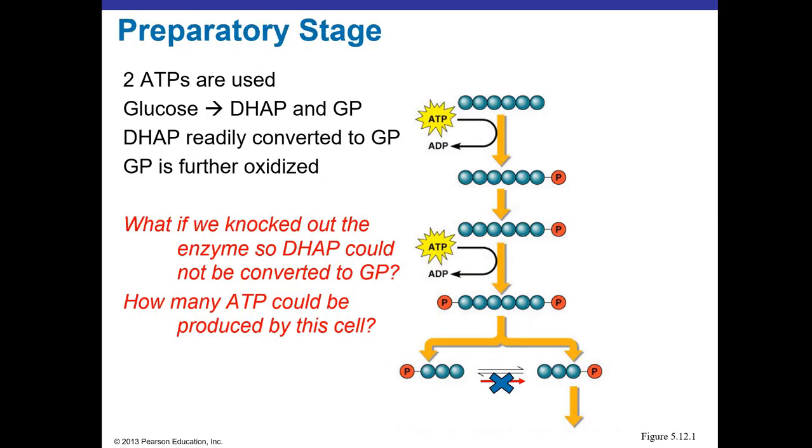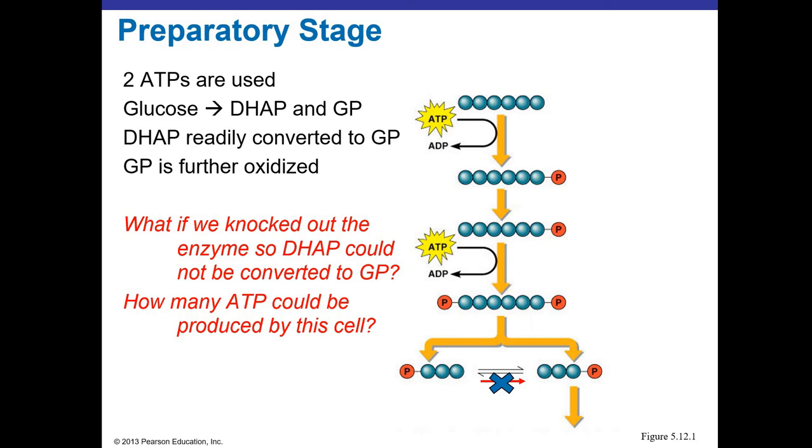So let's play a little game with looking at how we're producing this energy. If we knock out the enzyme so that DHAP, our dihydroxyacetone phosphate, can't be converted to GP, our glyceraldehyde 3-phosphate, how many ATP could this mutant cell produce? If you think about it, the step here is right before we go into the energy producing.